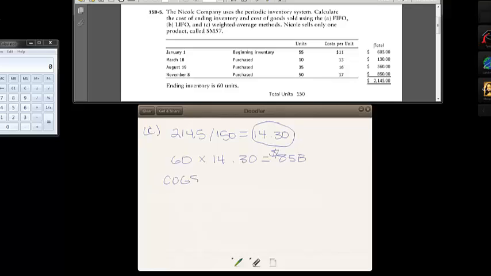So our cost of goods sold is cost of goods available for sale minus ending inventory, which is $1,287.